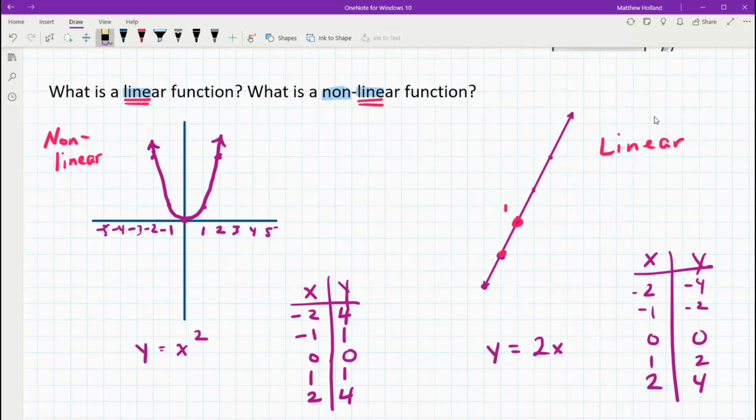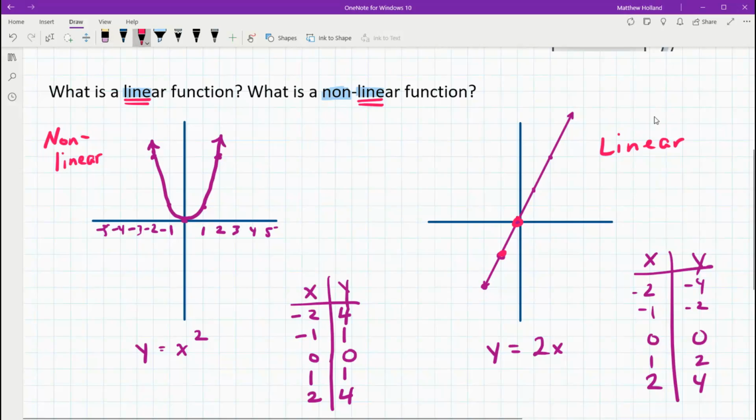Well, what if I picked 2 totally different points? For example, let's say I kept this point here, but now I picked this point up here, right? I'm claiming that the rate of change is always going to be 2. So let's count how much we go up and how much we go over, or change in y over change in x.